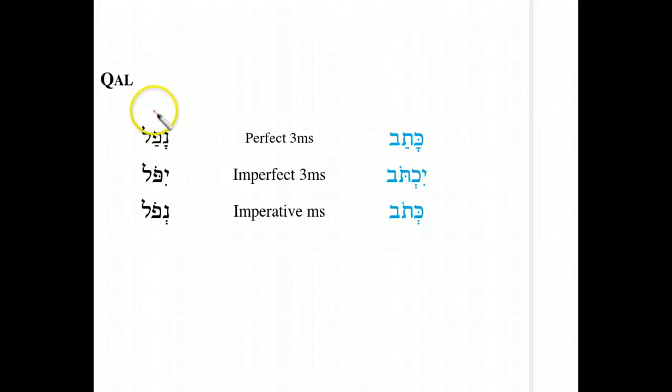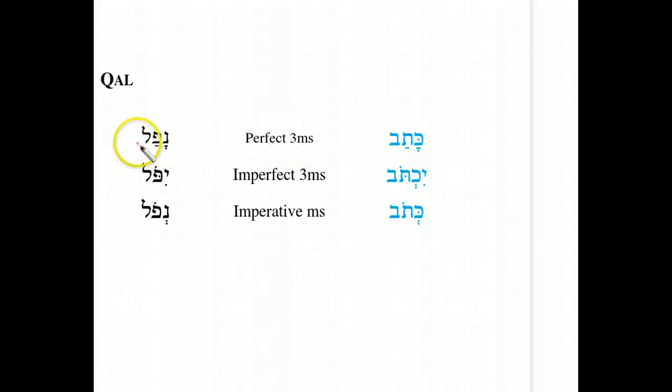We're going to take a look at the kal first of all, and with the kal we see right here is our Peh-Nun version, and with the kal perfect, third masculine singular, there's basically no change, and you won't see any change in the perfect forms of the kal.